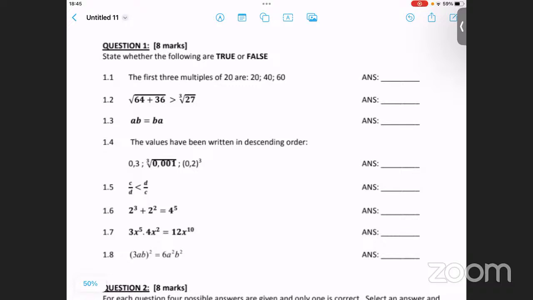For this one, I'm not gonna ask why you're saying it's true, because it's straightforward. Then 1.2 says the square root of 64 plus 36 is greater than the cube root of 27. Square root of 64 plus square root of 36 is greater than cube root of 27. Is it true or false? I'm calculating right now, ma'am.